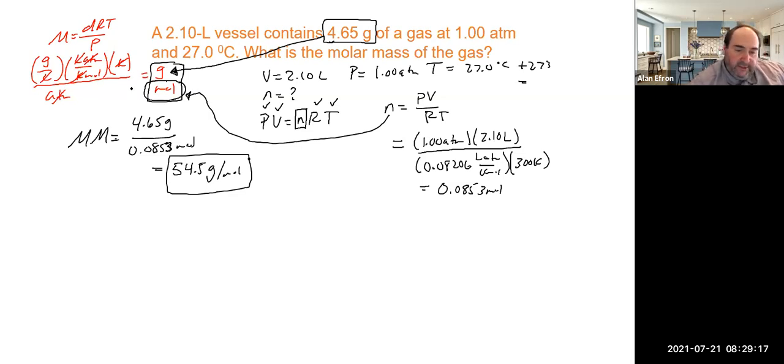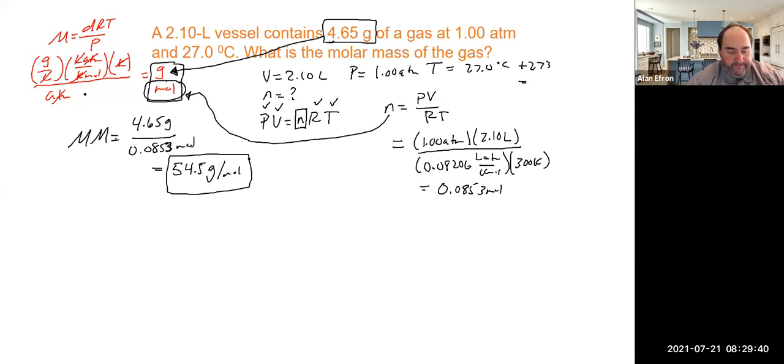And again, you should get pretty much the same answer if you plug it into the formula. You would take the grams and divide it by the liters to get the density. You would then multiply it by the gas constant, multiply it by the temperature, and then divide by our pressure. And you do get the same answer.